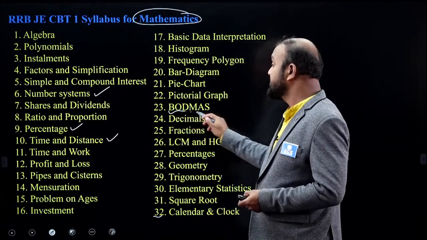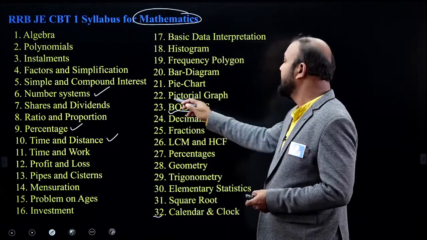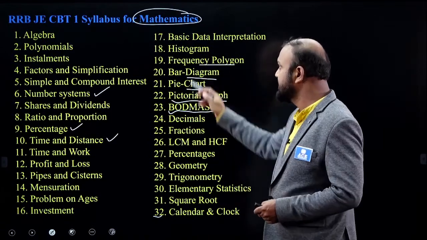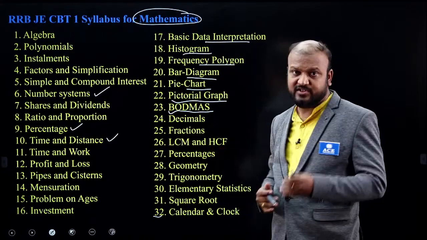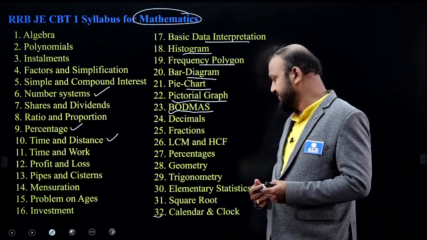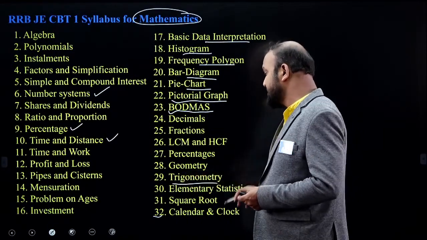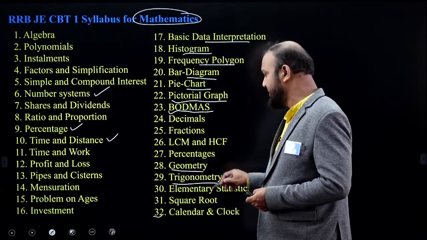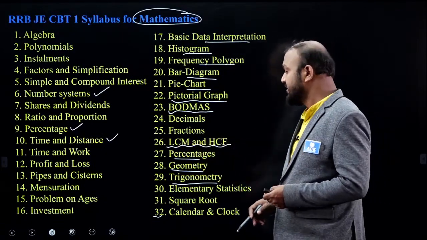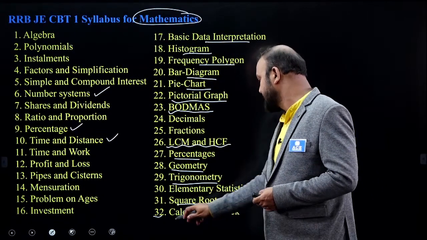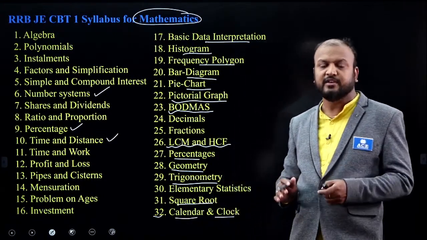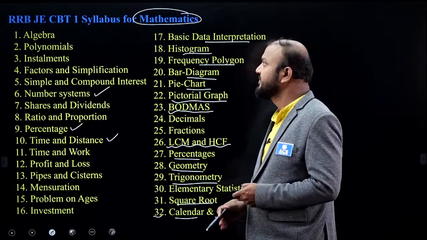And questions related to BODMAS and graphs, pie charts, bar diagrams, polygons, histograms, data interpretation. If some data is given, you have to understand it and answer the questions. And questions related to trigonometry, geometry, percentages, LCM and HCF, square roots, calendar and clock. These are the general mathematics topics that you need to have knowledge of.